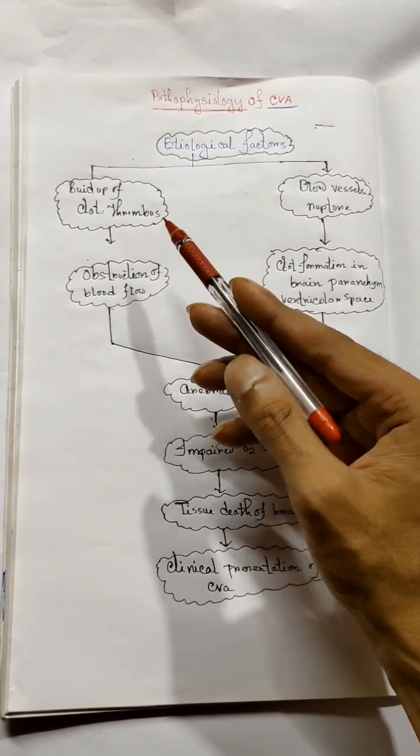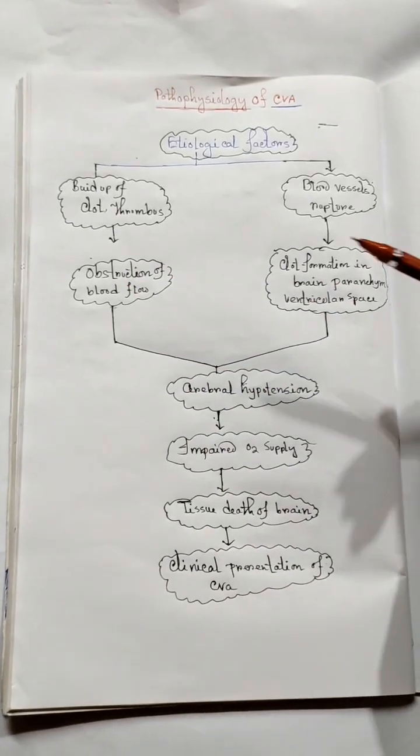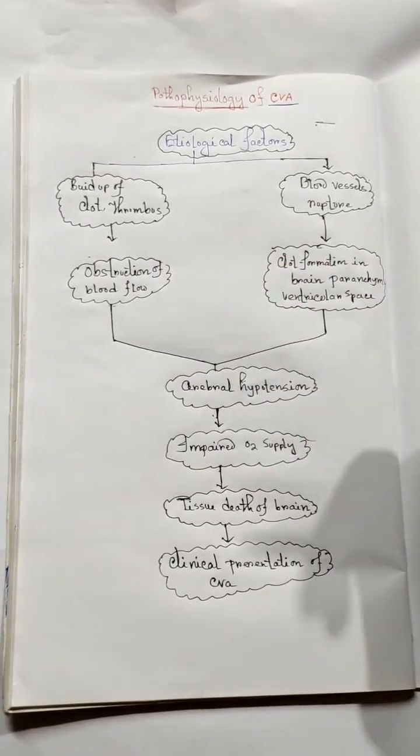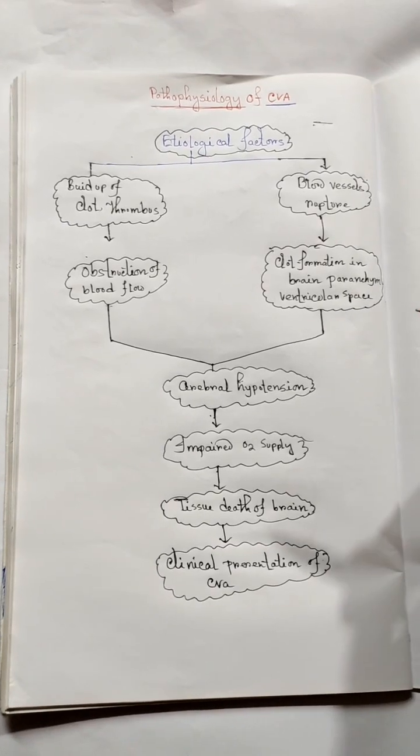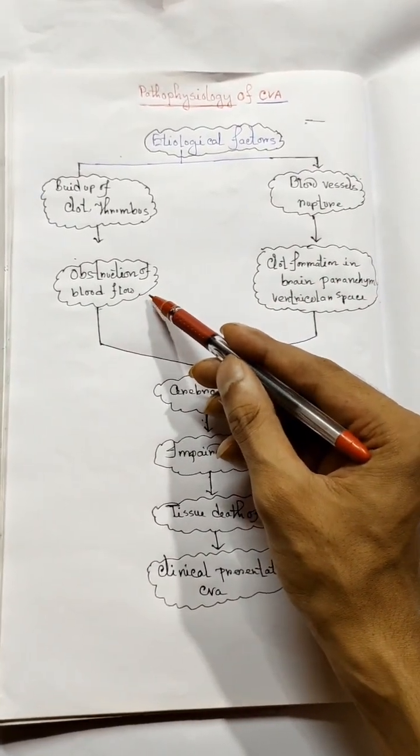When there is a clot or thrombus formation in the artery, especially the carotid arteries, and the clot reaches the brain, what will it do? It will obstruct the blood flow, right?